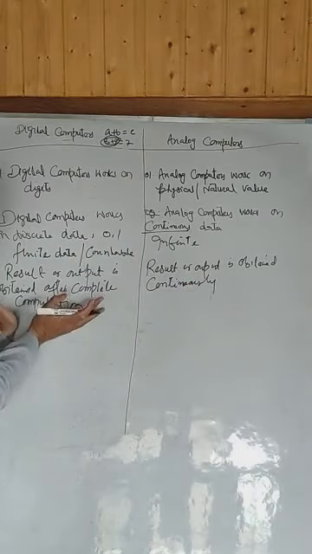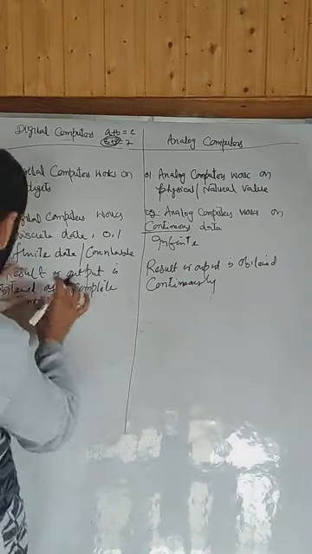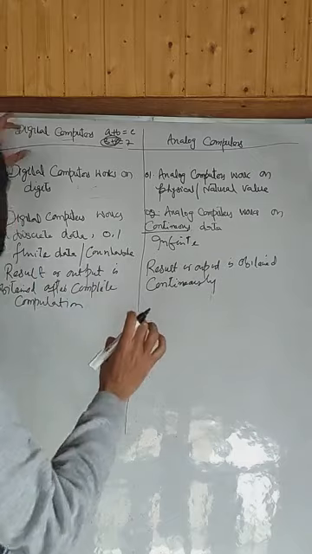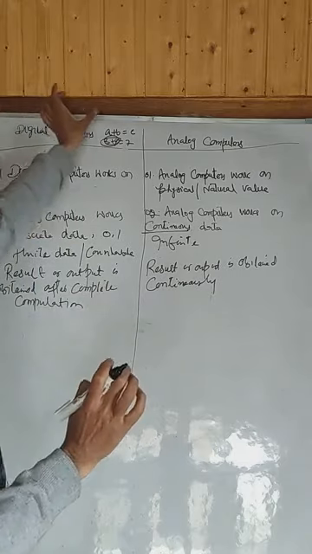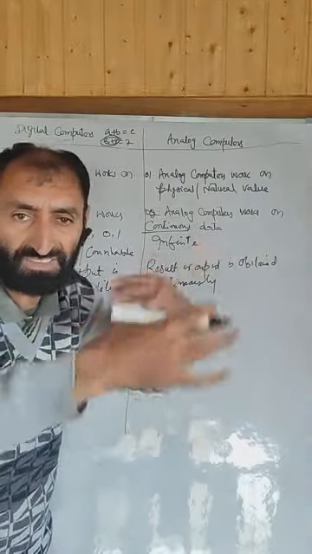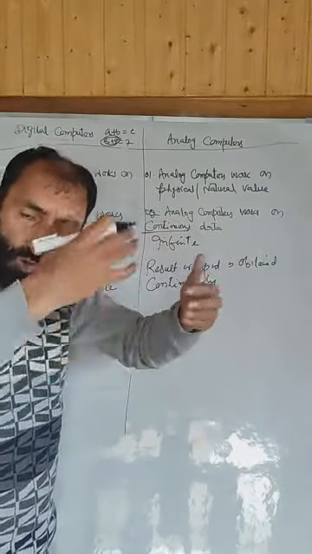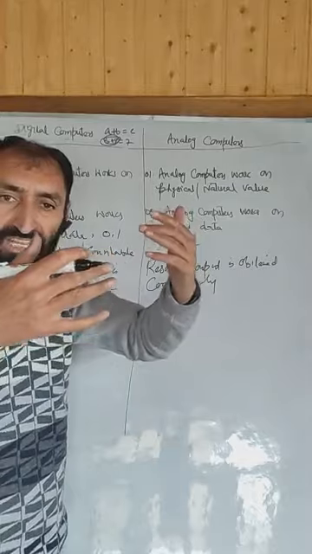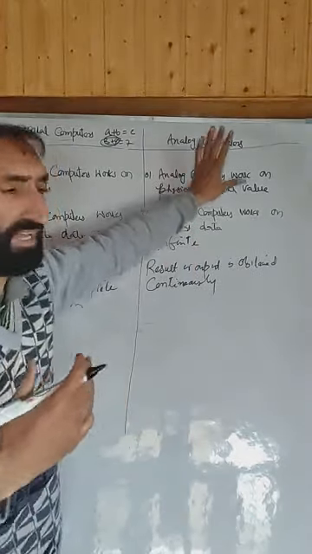After the completion of the computation, the result is obtained in digital computers, whereas in analog computers the result is continuous.